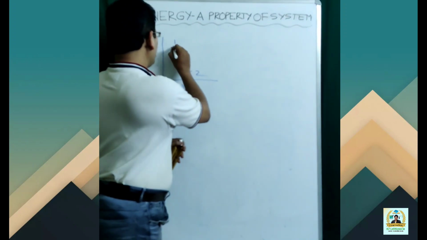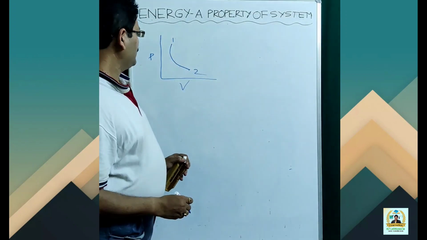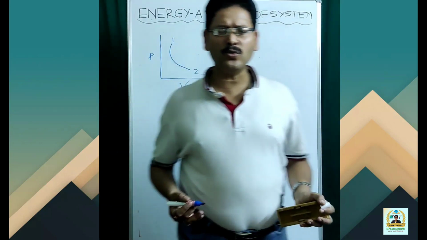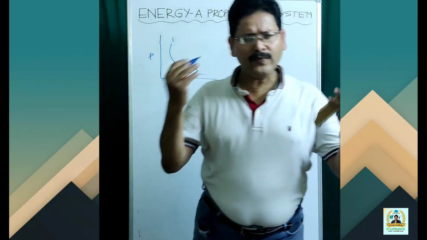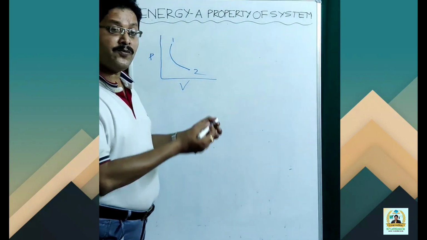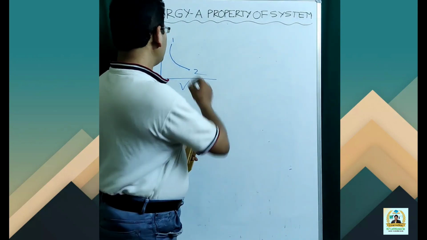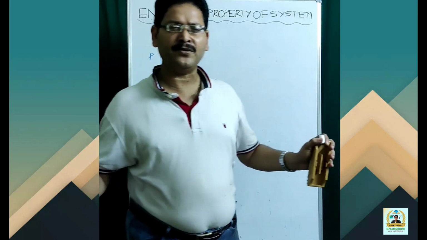So when it is following a path, this path, it is passing through a number of intermediate stages. But when we have to find out the change of pressure, this path has no bearing on that.